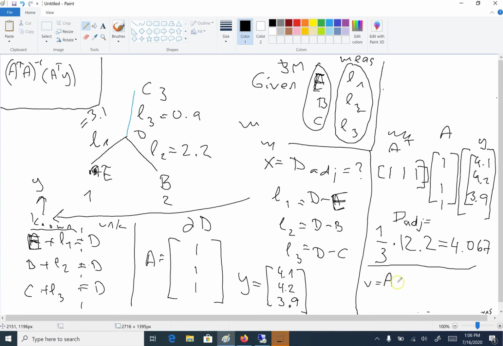The residuals are going to be A times X adjusted minus Y, so it's going to be basically 4.067 minus 4.1, which is minus 0.033.